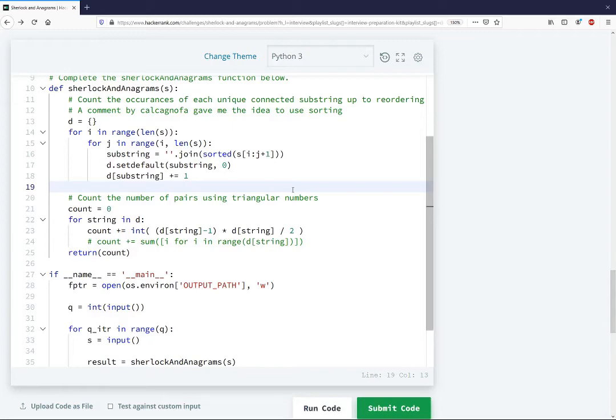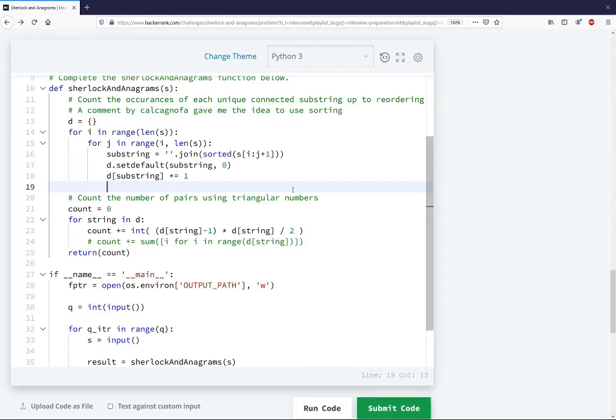And of course, by that I mean that two substrings which have the same letters in different orders are considered the same. And so basically what we want to do is create a dictionary to store all the values and then count the number of occurrences.